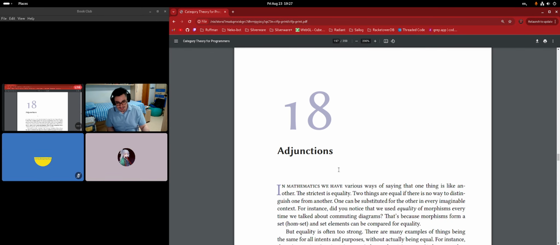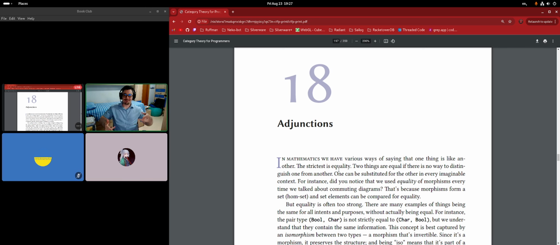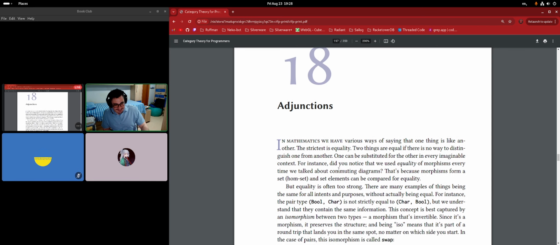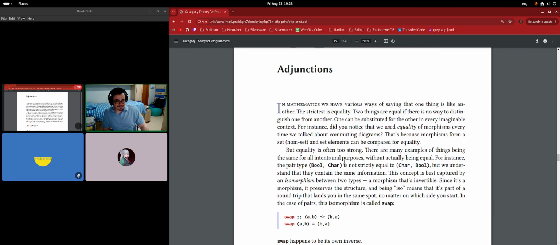Cool. So now we go to the very cool stuff. This is the very cool stuff. So as we said in the beginning, equality is hard. Saying that two things are equal is kind of hard, because how can we say that a criterion to judge them as equal or different is better than another one?